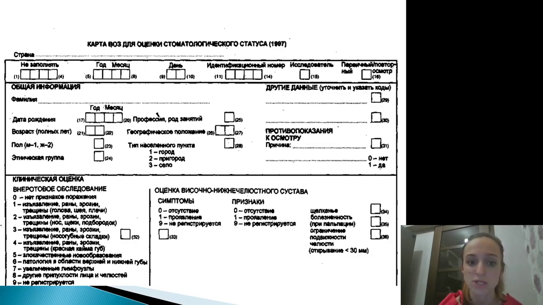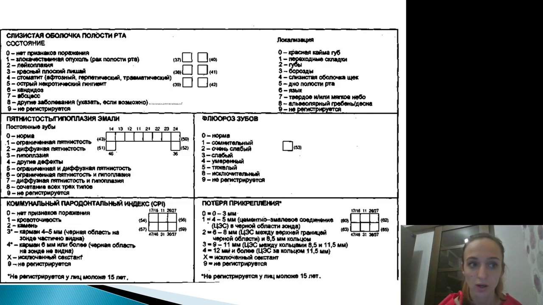Here, of course, we should know the phone number of the patient, where our patient lives, and here you can see different tables.